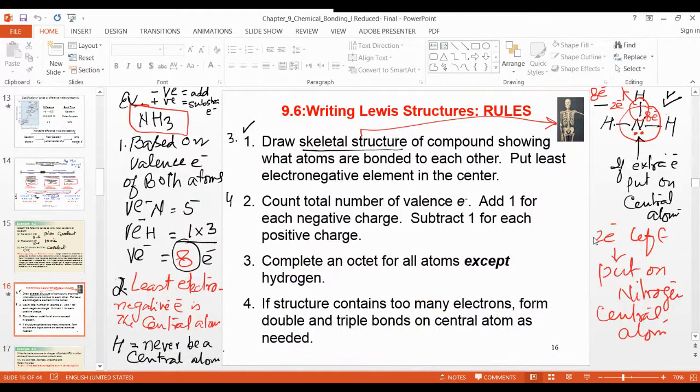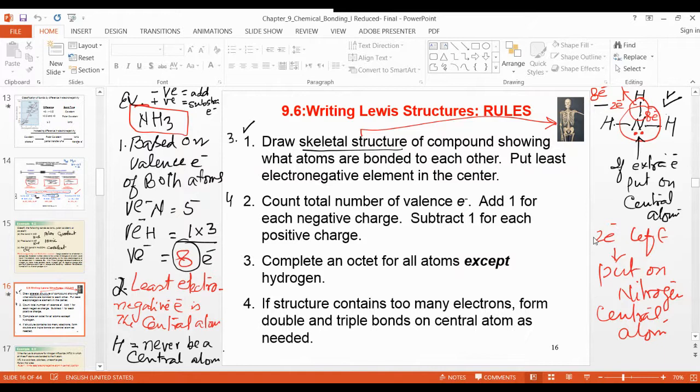How to write the Lewis structure? You should know these 4 steps, right? If the question is there, you have to show these 4 steps and the diagram or the structure of the molecule. As I told you one by one, remember that first of all, you should know the valence electrons in the whole molecule.